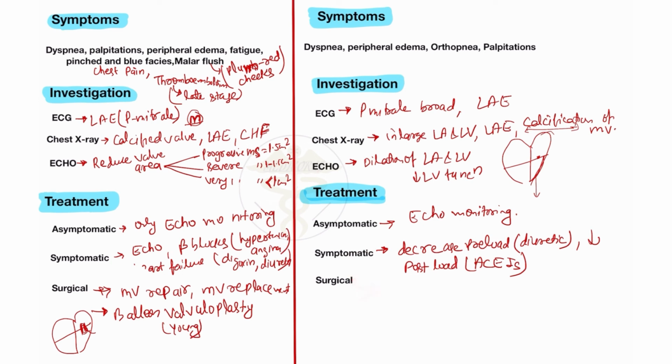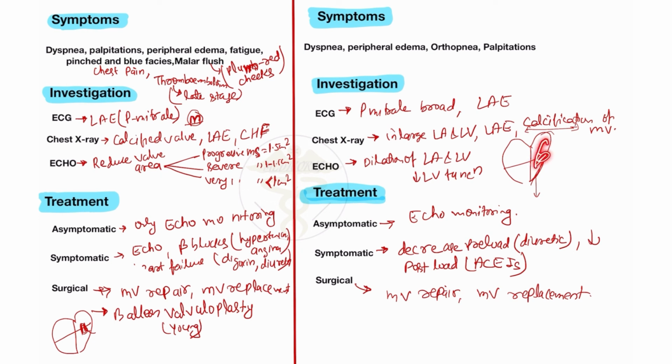What is the surgical treatment? Surgical treatment is the same as in mitral stenosis: we will provide mitral valve repair or mitral valve replacement. This is the difference between mitral stenosis and mitral regurgitation. In mitral stenosis the problem is in the opening of the valve, but in mitral regurgitation the problem is in the closing of the valve.